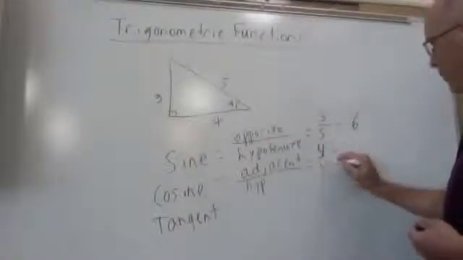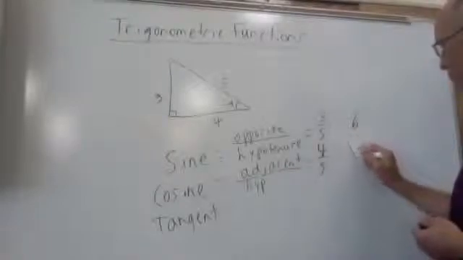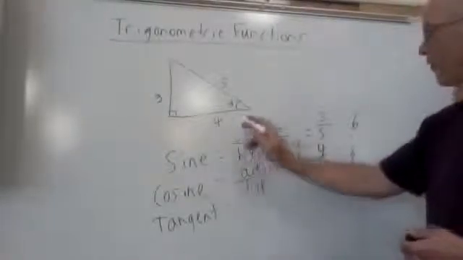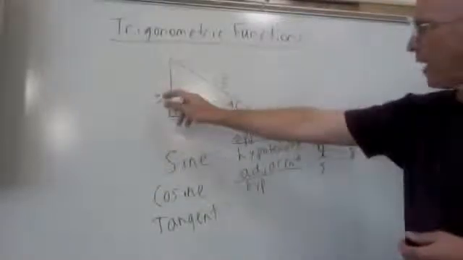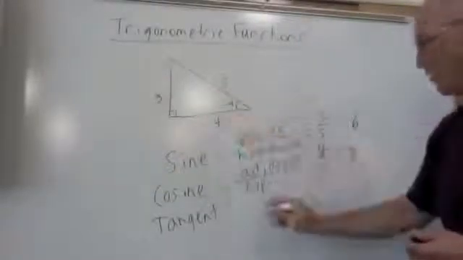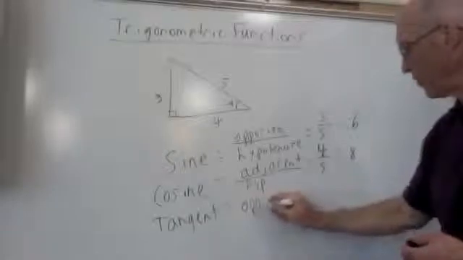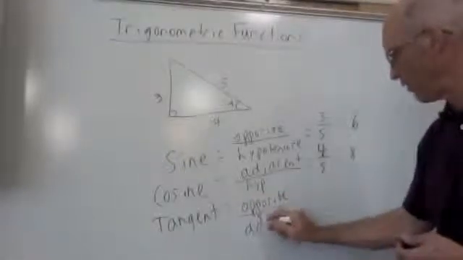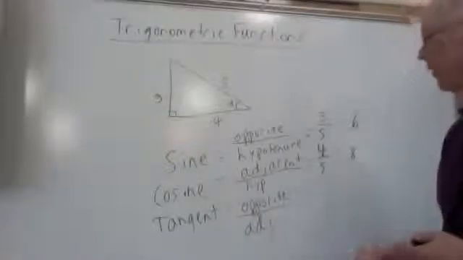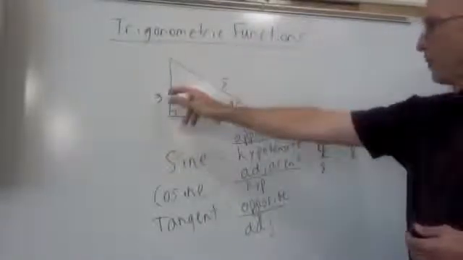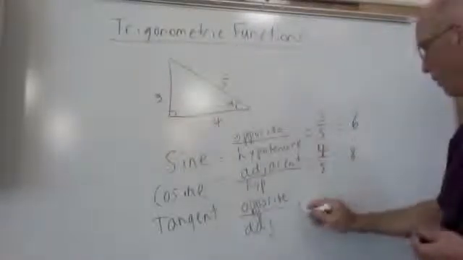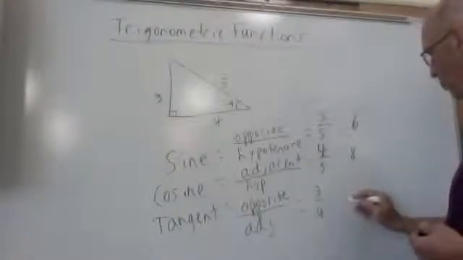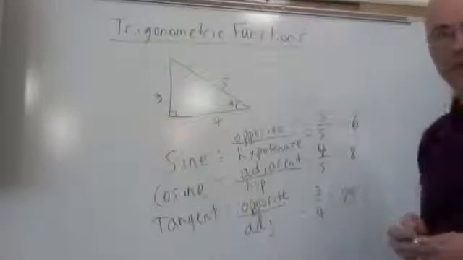And if you do that, it's going to be 0.8. The tangent is defined as the ratio of the opposite side over the adjacent. Opposite is 3, adjacent is 4. So in this case, it's going to be 3/4 or 0.75.